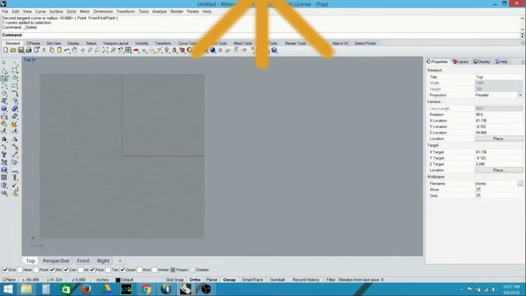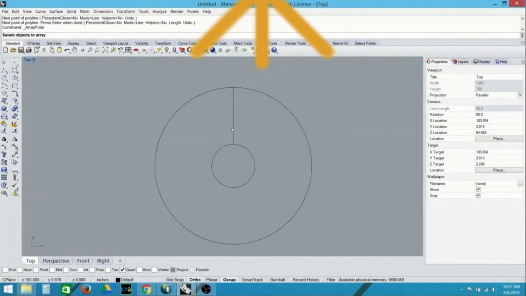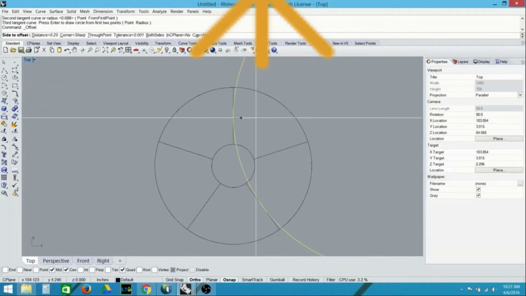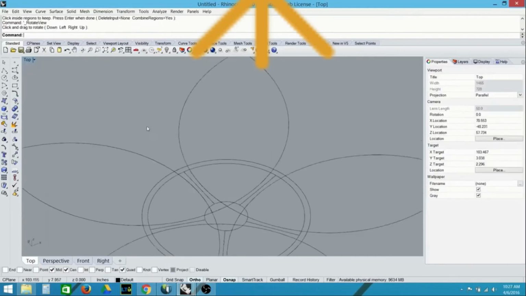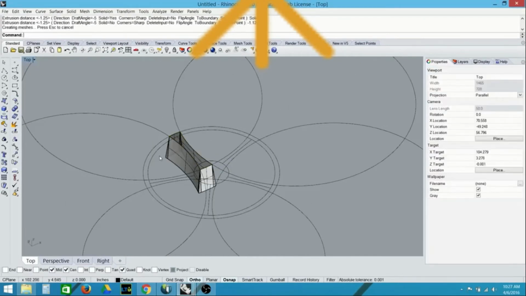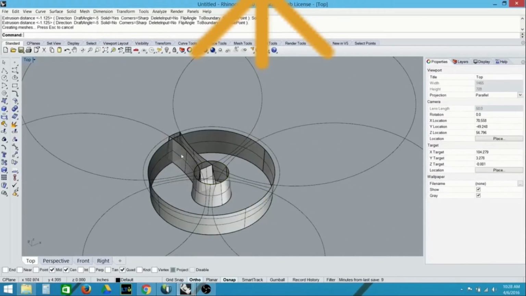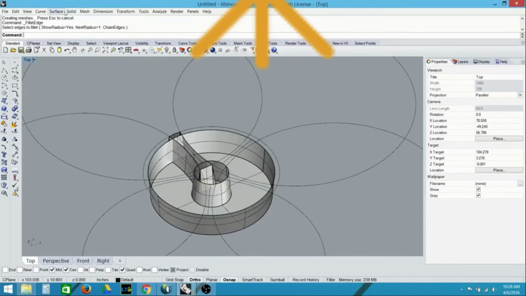Recently, I decided to try my hand at making my own old-timey wheels. I started by making a 3D model in Rhino. The wheel will be about 6 inches in diameter, and it'll be super wide at 3 inches.